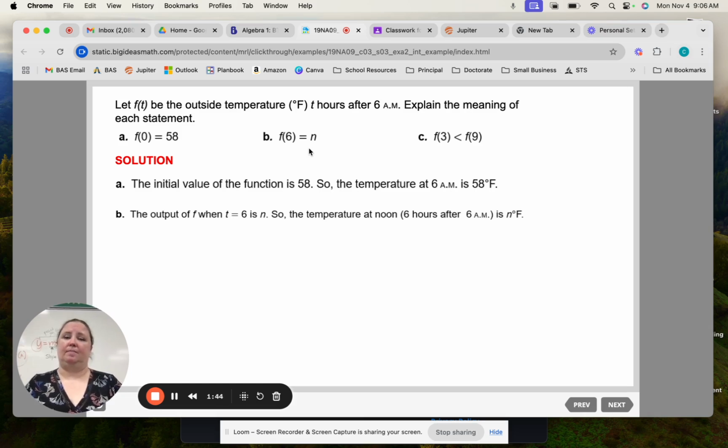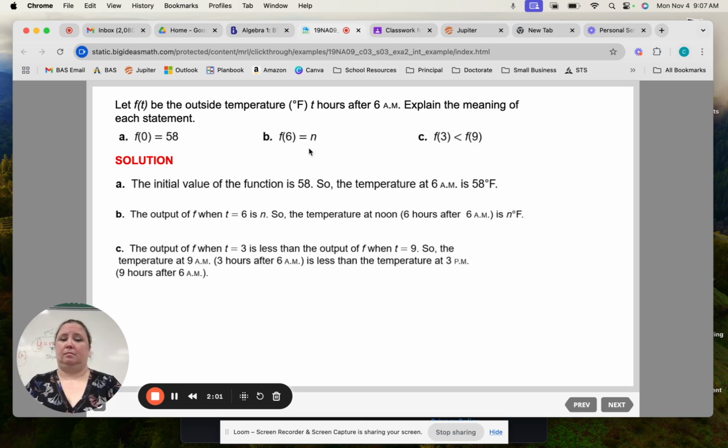But what times? 3 hours after 6 would be 9 a.m. And then 9 hours after 6 would be 3 p.m. So at 9 a.m., it is colder than 3 p.m. That makes sense. So the temperature at 9 a.m. is less than the temperature at 3 p.m.